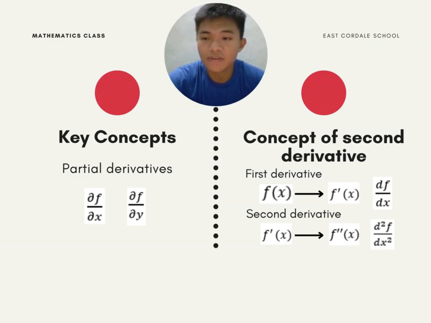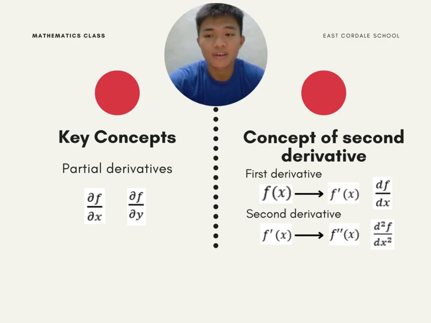The partial derivative applies when our function includes two or more variables, which are x and y. When I'm using df dx, I will act as if y is a constant, and we continue to solve our derivative. After that, we go to our concept of second derivative.